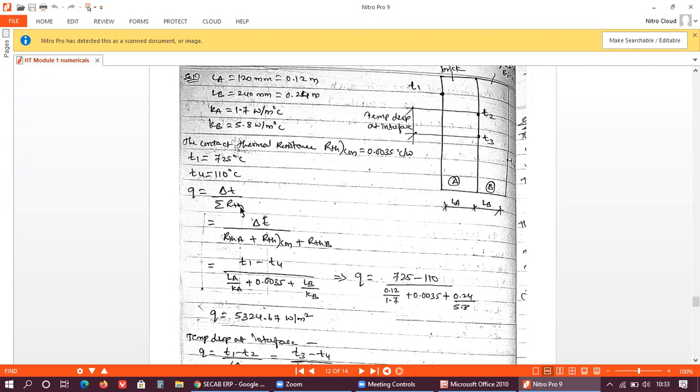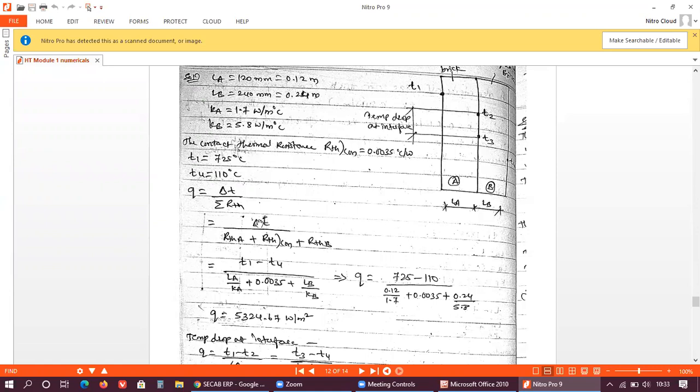So which are these resistances? Here you can see this is the first resistance offered by the first wall. Then this is the resistance offered at the interface, that is the thermal contact resistance. And this is the third one, that is the resistance offered by the second wall, or this we call the magnesite brick.